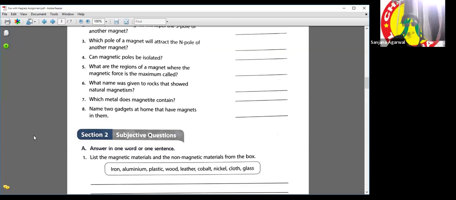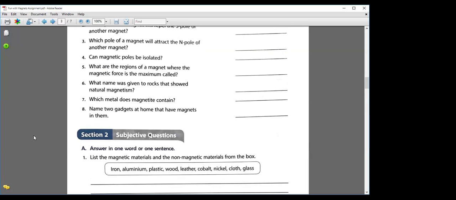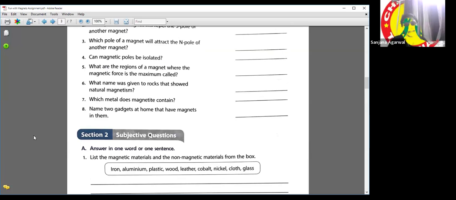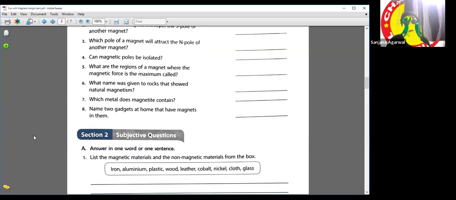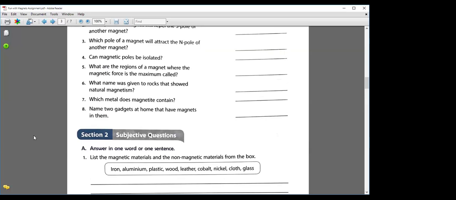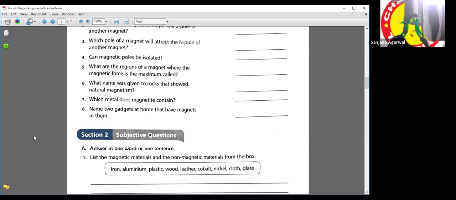Which metal does magnetite contain? Ma'am, iron. Yes, so magnetite contains iron, the best material that we can convert into a magnet.